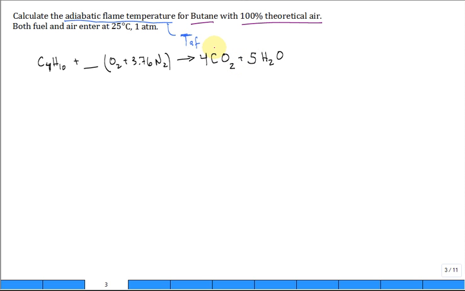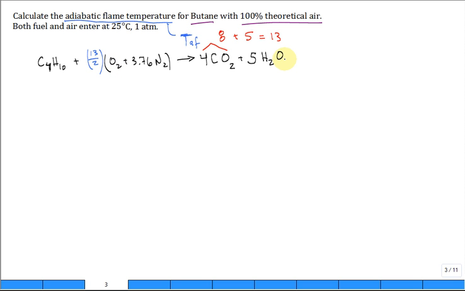Then we balance the oxygen by adding up. On the right-hand side, there are 8 oxygens with the 4 CO2s, and there are 5 oxygens with the 5 H2Os, giving us 13 O's. Now we can come back and balance. 13 divided by 2 is the coefficient in front of the O2.